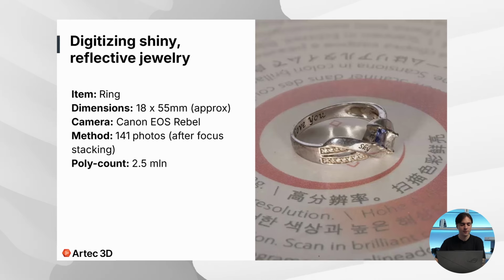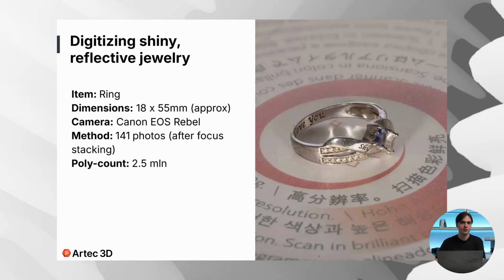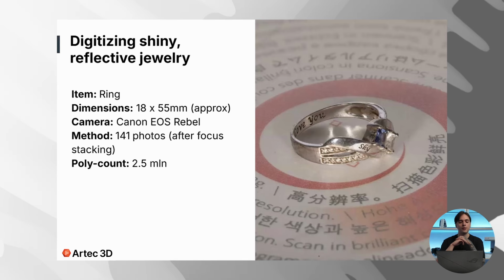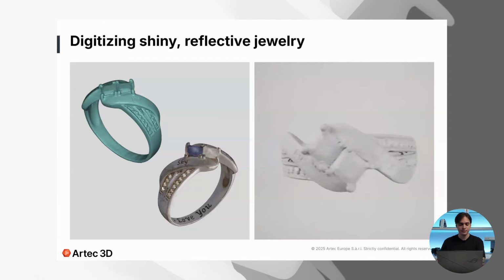Just to clarify, 141 photos is the amount that we have after focus stacking. This is the final amount of photos that have been used in Artec Studio for the reconstruction. And we have managed to get a really high poly count of 2.5 million.